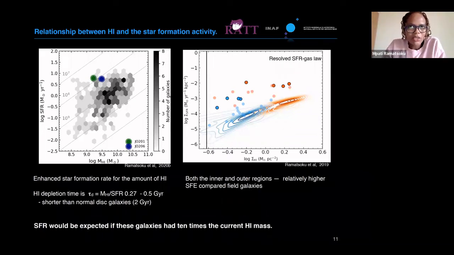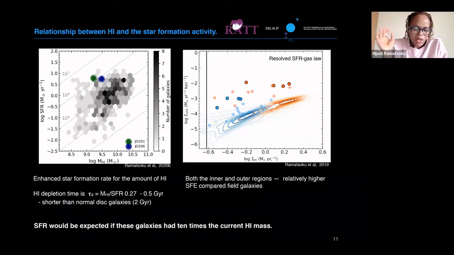The control sample is from the xGASS survey, which is a huge survey that has H1 masses, star formation, CO, and all kinds of parameters taken from the alpha as well, I believe. These galaxies, the ones in gray, have stellar masses similar to those of J201 and J206. So these control samples were selected for galaxies with similar stellar masses.